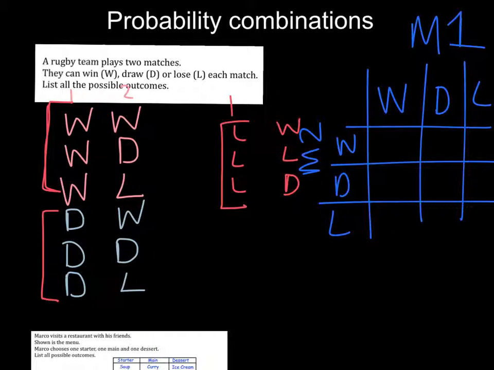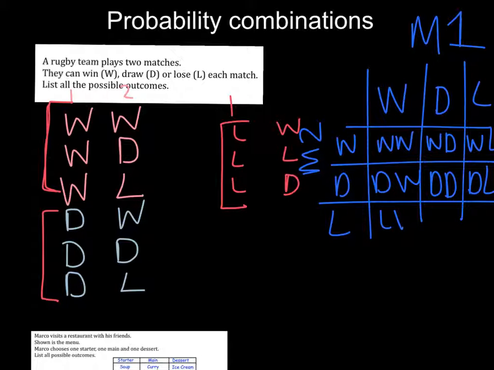Then the sample space diagram is easy to fill in using all those combinations. So here would be the win and the win, win and the draw, win and the lose, draw and a win, draw and a draw, draw and a lose, lose and a win, lose and a draw, lose and a lose.